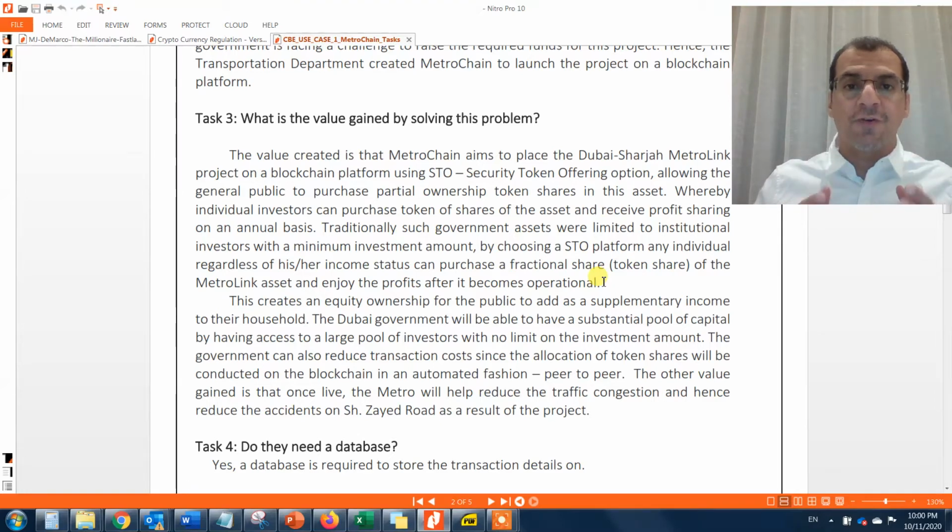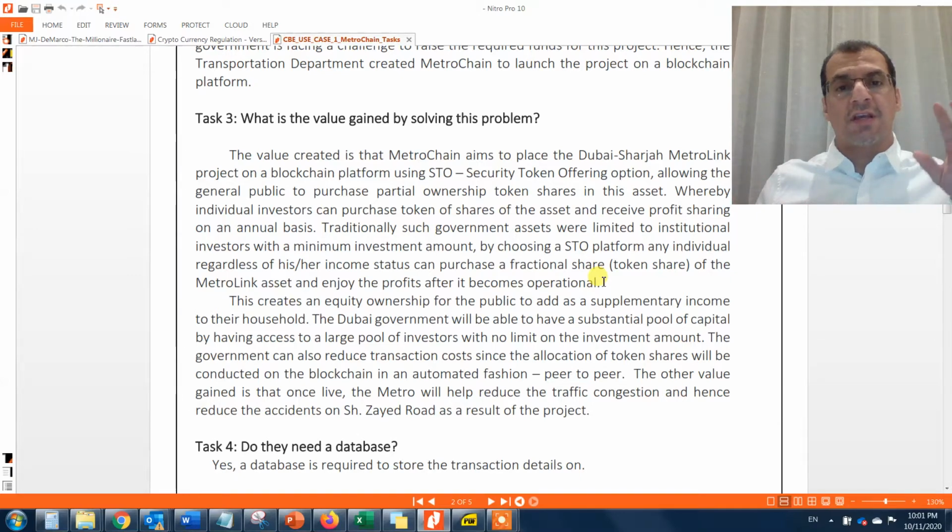So in this, for the first time in history, in such a project using this technology of token share ownership, average individuals who want to purchase, let's say, $20,000 or $30,000 worth of this token share would be able to do so on this marketplace. A big advantage here is that you are increasing your demographic.